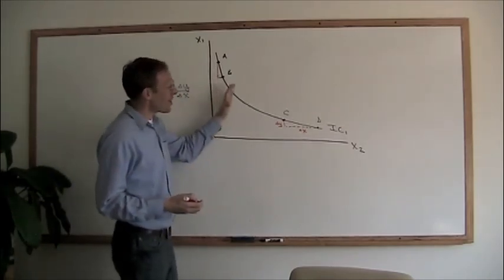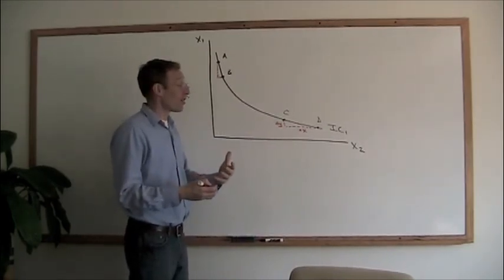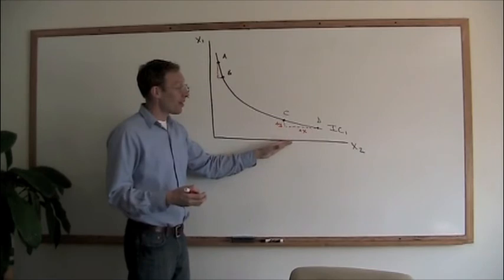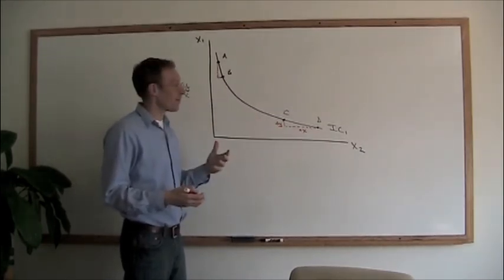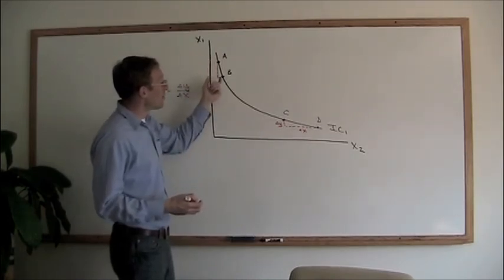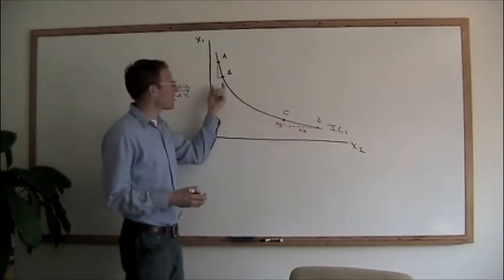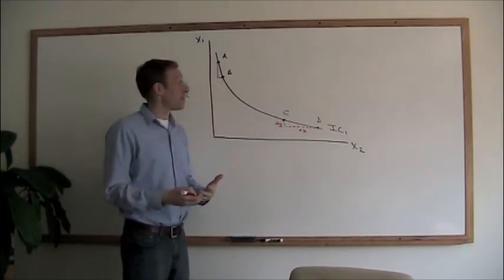At different spots on the indifference curve, it requires more of one good to get just a little bit of the other. Or it takes a lot of one good to get a little bit of the other. Or you give up a little bit to get a lot. The slopes are not constant.